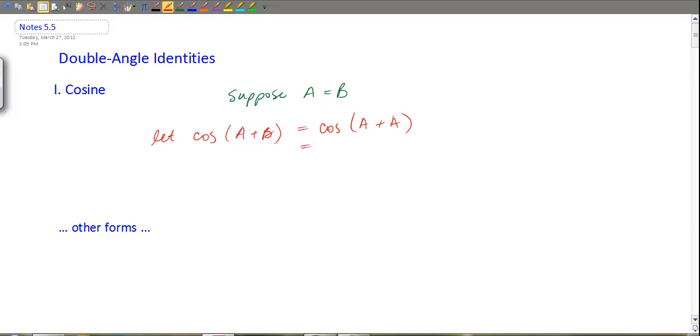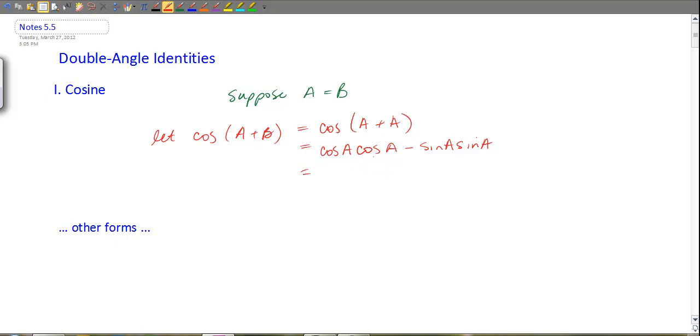And we can then use our sum identity for cosine to rewrite this so that it's going to look like the cosine of the first times the cosine of the second minus the sine of the first times the sine of the second. And now let's simplify.